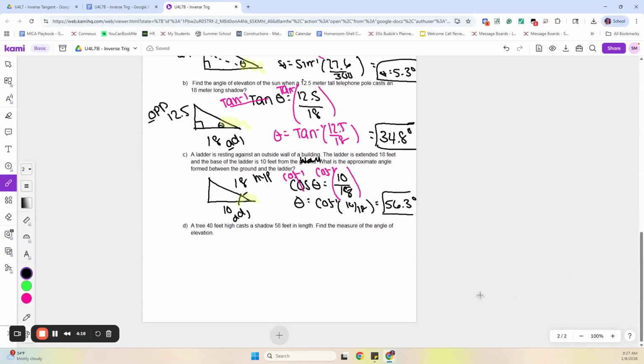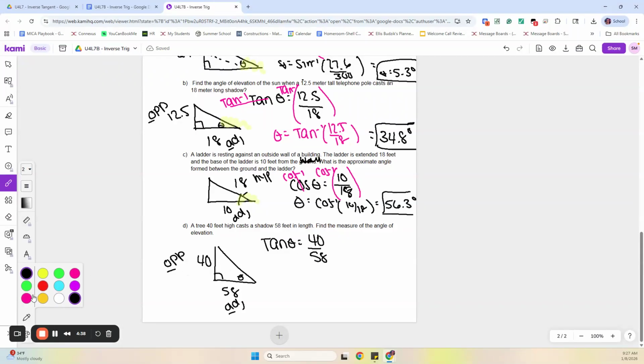And finally, last one, a 40-foot high tree casts a shadow 58 feet in length. Find the measure of the angle of elevation. So that's going to be, again, that angle. So we got opposite and adjacent. So O and A go with tan. So tan of my angle equals opposite over adjacent. We're going to tan inverse that.